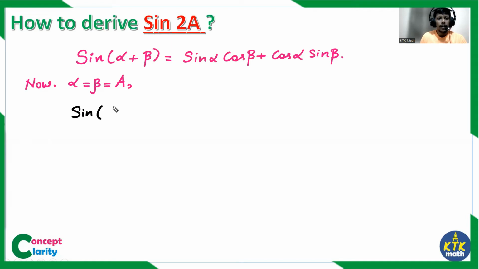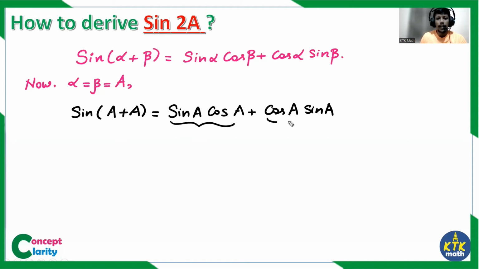Sin(A plus A) implies sin A cos A and then cos A sin A. Both are the same only, right? Sin A cos A and cos A sin A are the same. So I can add them, which will give you 2 sin A cos A. So this is the formula for sin 2A.